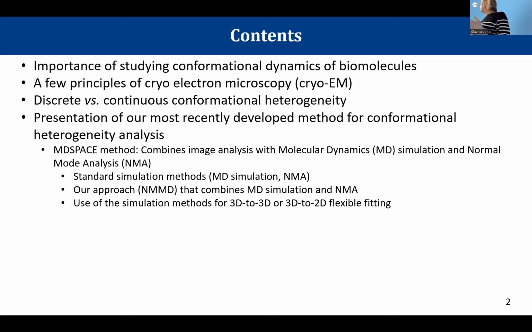In 3D to 2D flexible fitting, the problem is that you have 2D data that contain plenty of different conformations, and you have one 3D data set that is another conformation, and then you want to go from this given conformation in the 3D data to different conformations in the 2D data.